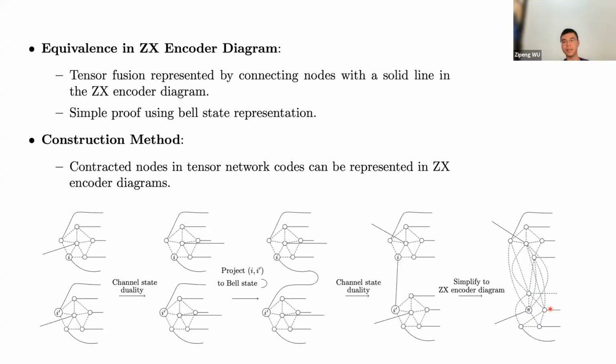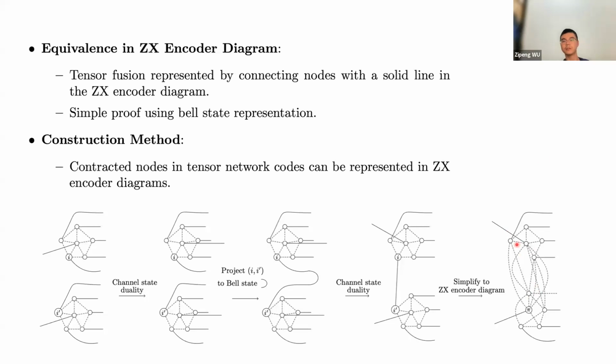And once we have done that, the situation turns back into the standard encoding of graph codes, where we just map the computational basis to the graph state, and the logical operation of this graph code is well established.